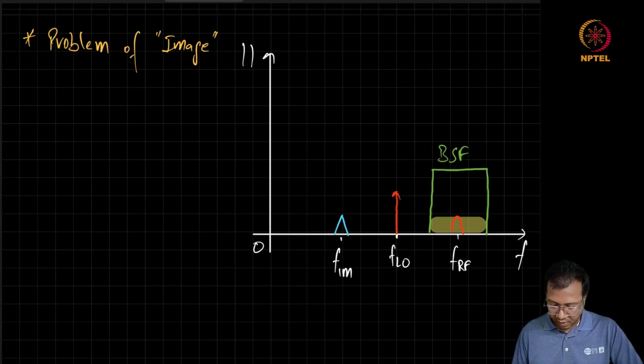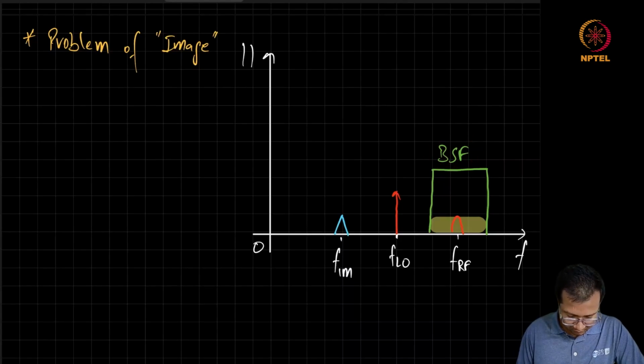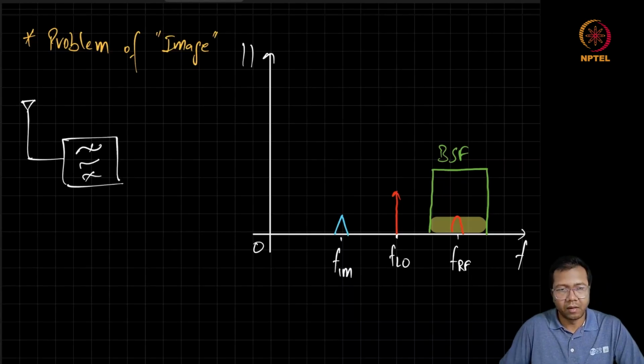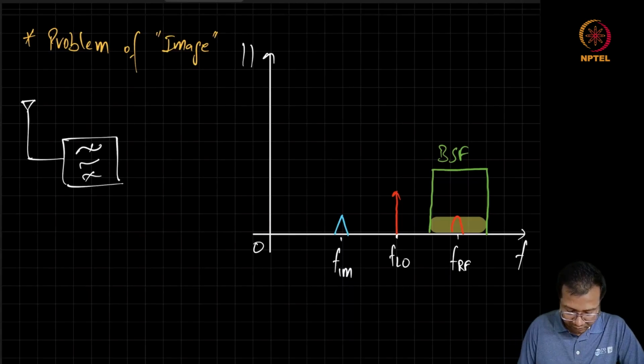So in reality, what happens when we are trying to design a band select filter, there are various trade-offs. So if you look at the antenna interface with our circuit, first block is this band select filter.